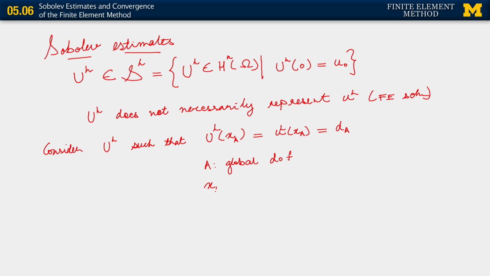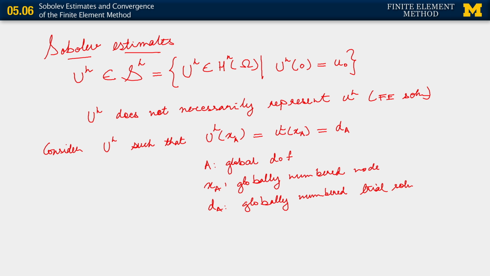Right, and this then implies that x sub a is a globally numbered node, and d sub a is a globally numbered trial solution degree of freedom, right, or finite element solution degree of freedom. Okay, all of that should be clear.